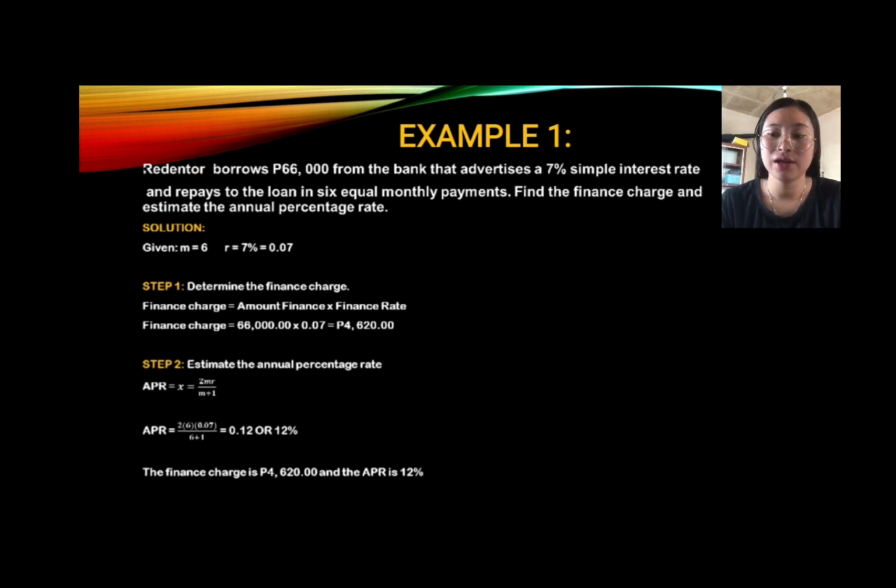So the APR is equal to 2 times 6 months times the rate 0.07, which is 7%, over 6 plus 1, which is equal to 0.12 or 12%. So the finance charge is 4,620 pesos and the APR is 12%.